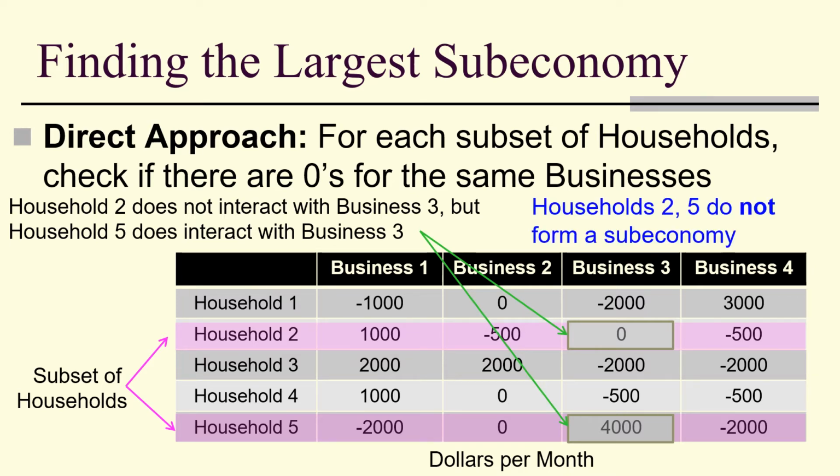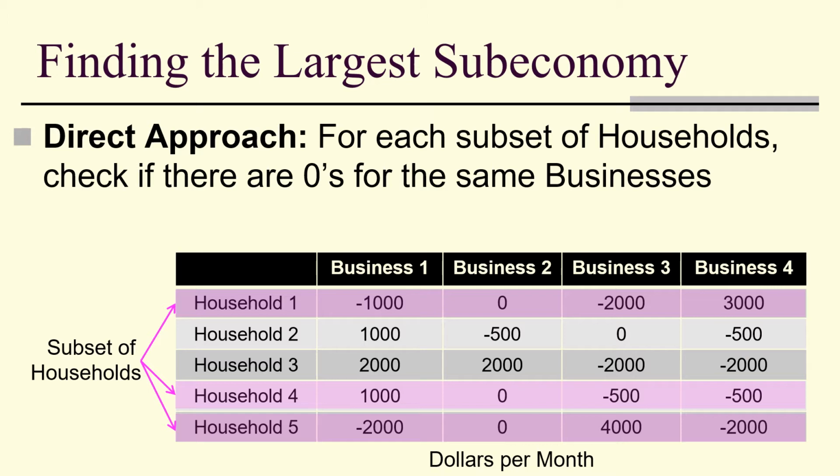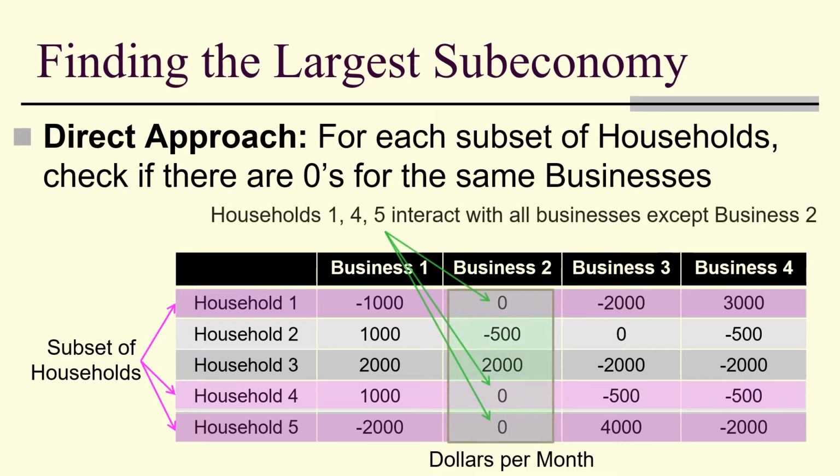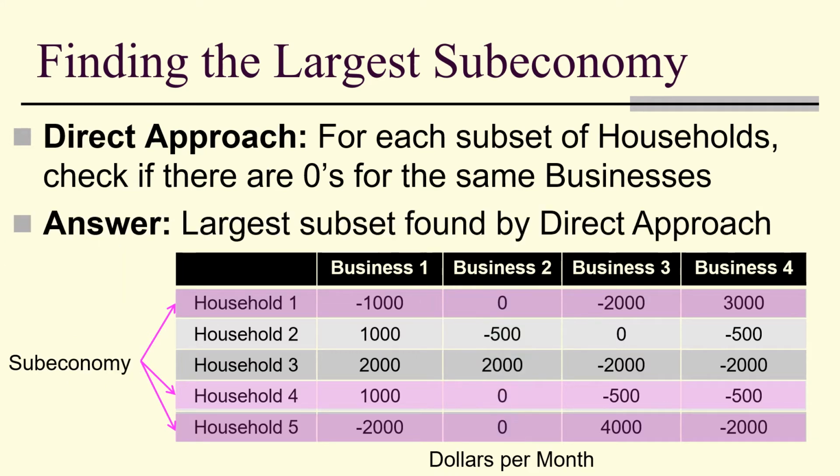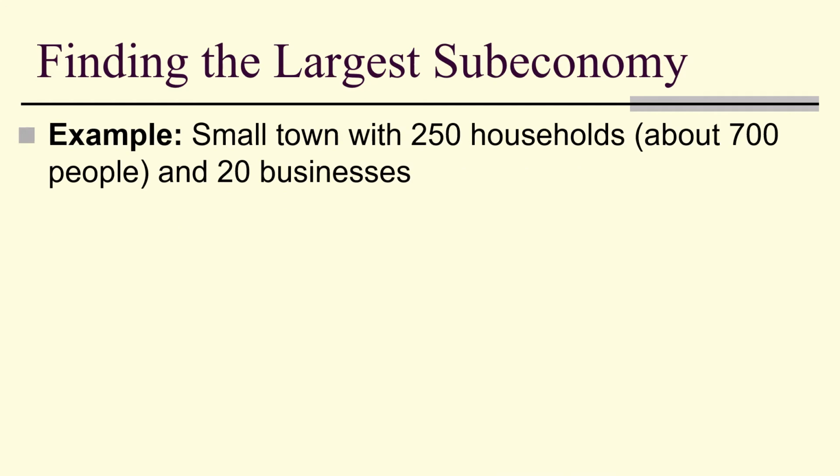Therefore, households 2 and 5 do not form a subeconomy, but households 1, 4, and 5 do form a subeconomy. So just generate all the subsets of the households and check to see if each subset is a subeconomy. And of all those that are subeconomies, the largest is our largest subeconomy.